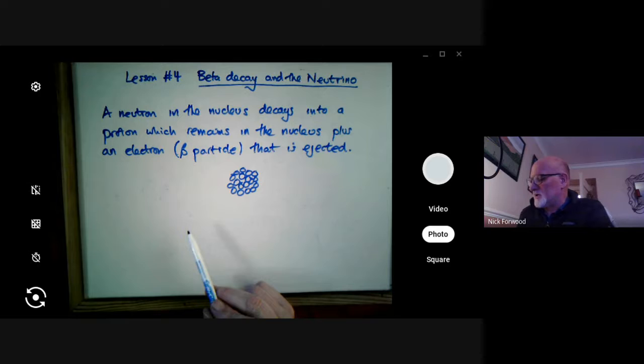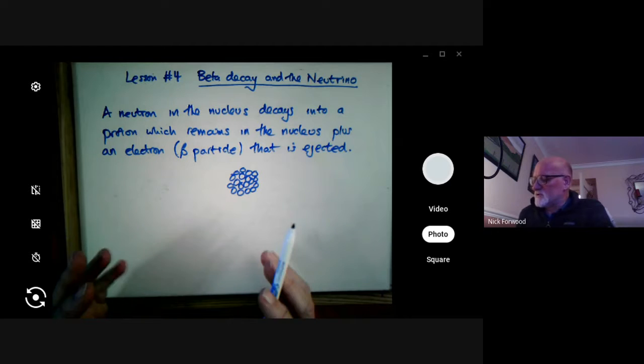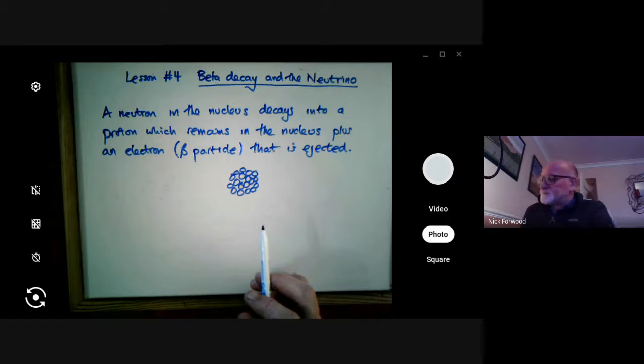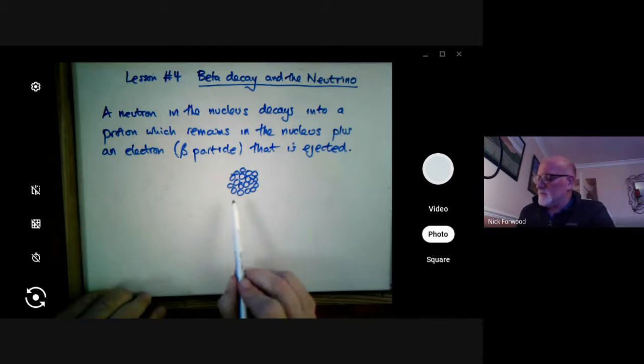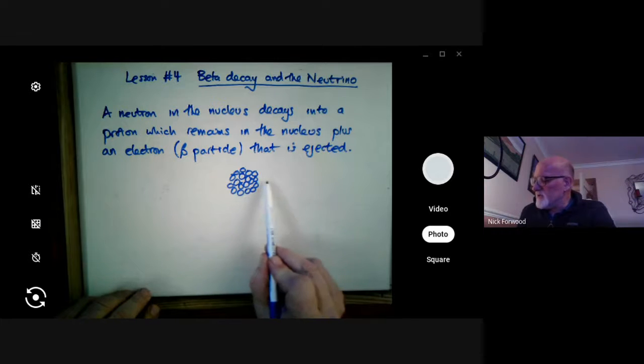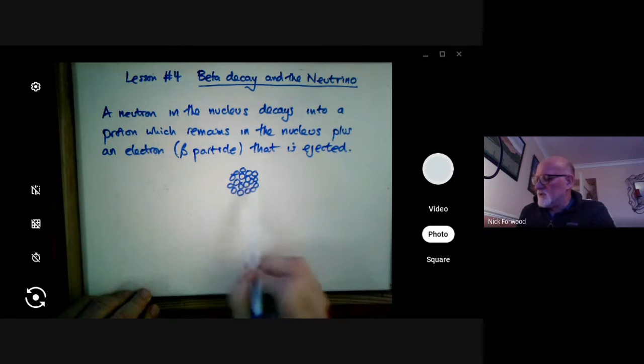Now that could be 4 particles, 2 protons and 2 neutrons, which makes an alpha. So it's then become more stable by making itself smaller. It could be a beta particle, because then the beta particle, the electron, is emitted and the nucleus has become smaller.